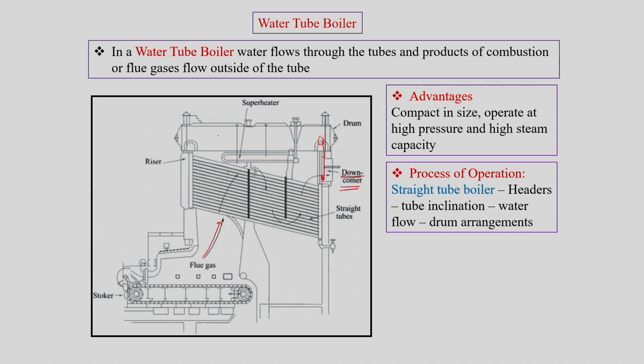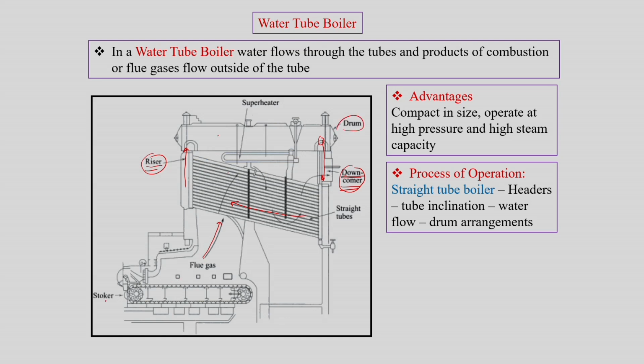So, that will come down due to gravity in this path, and once it is getting heated, it is decreasing its density. So, it is going up in this direction due to buoyancy force, and then it will get collected into the drum through the header, which is called the riser, and then again such a circulation loop will continue. So, we have two headers, the downcomer and riser, and then we have the drum.